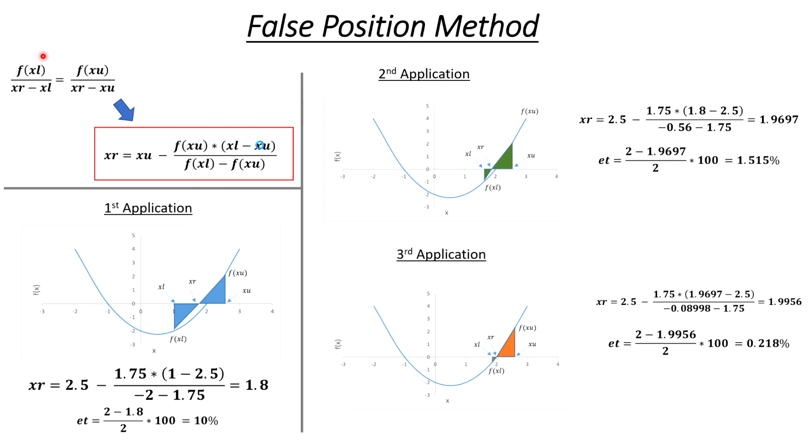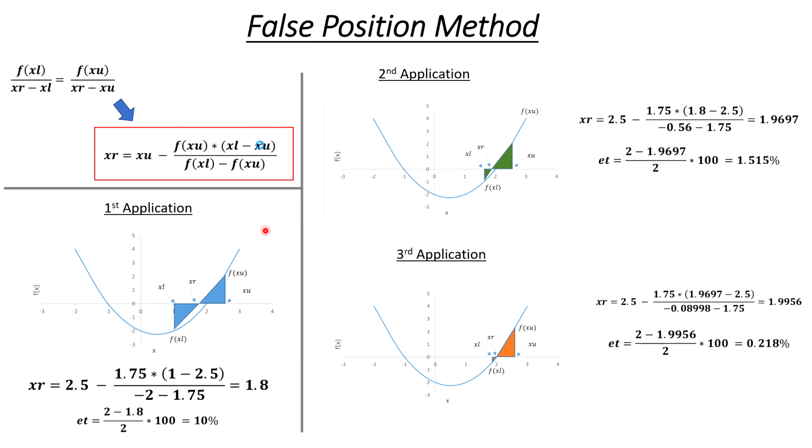So this is the slope of the first triangle. Now this is equal to the slope of the second one, where the rise is the function at XU divided by the run XR minus XU. And if we rewrite this equation, we're going to get this expression here for XR.